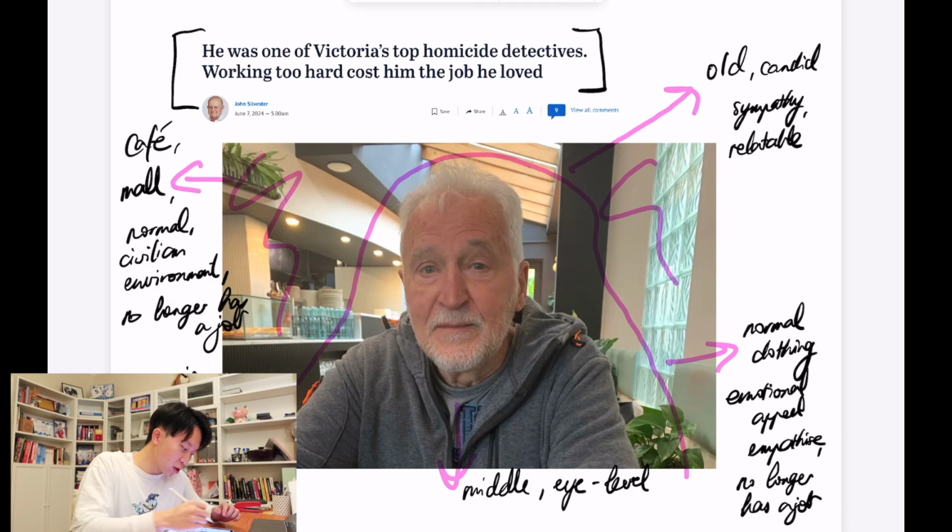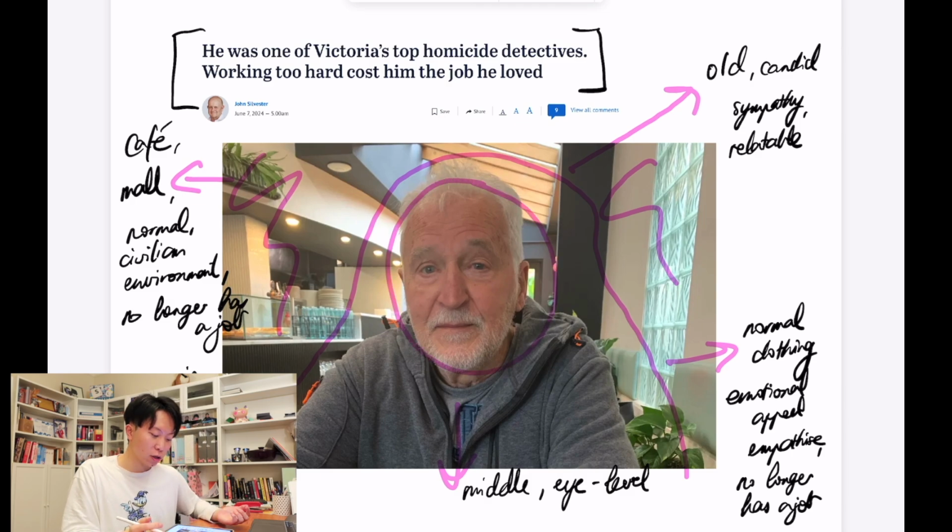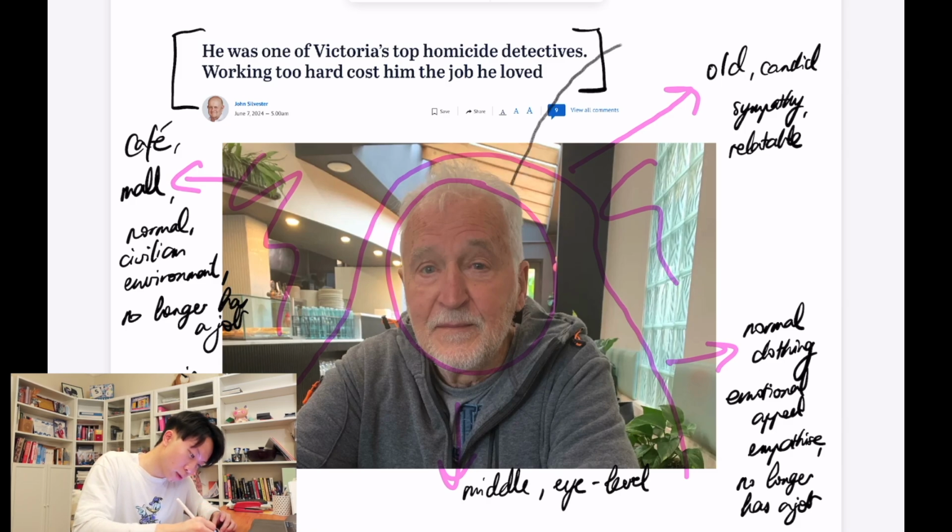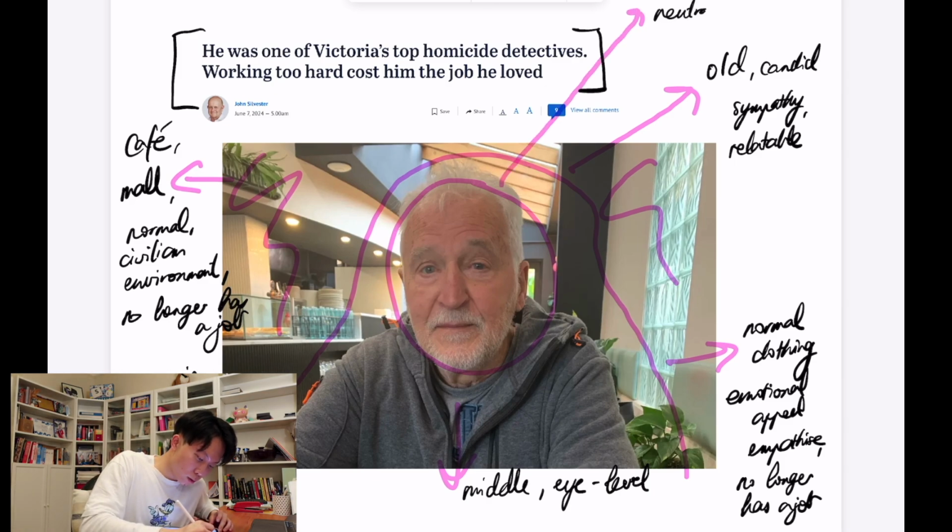And then if I look at his facial expression as well, it looks neutral, slightly sad. In the context of this piece, I might say he looks a bit lost as well. He doesn't look driven and he has an exact purpose. He looks like someone who may have worked pretty hard. So neutral, slightly sad, lost.